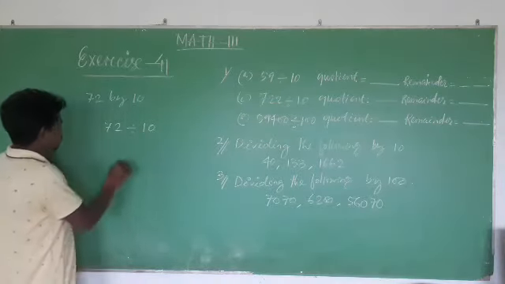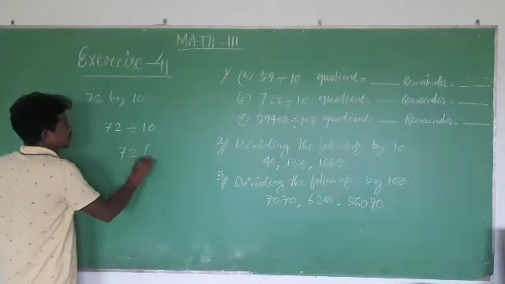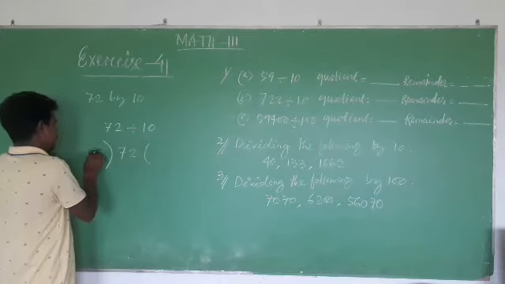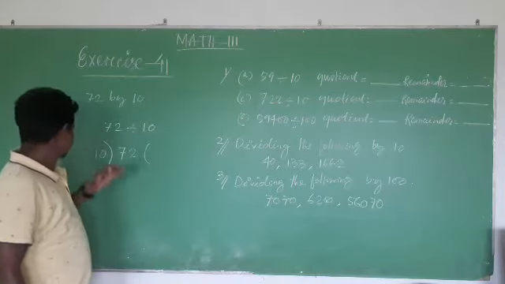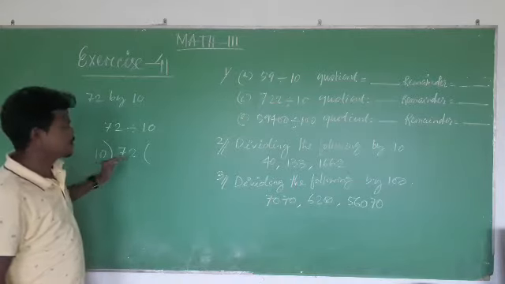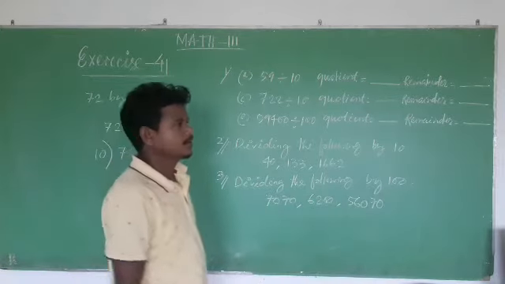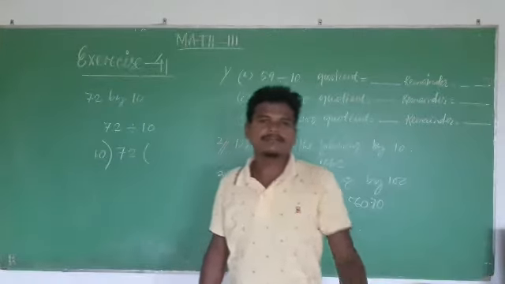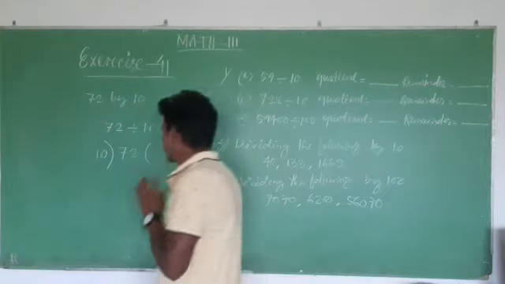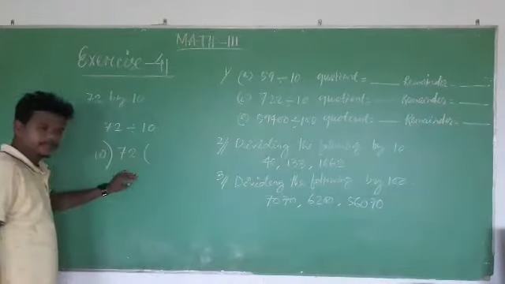In the table of 10, we don't have 72, rather we have 70. So the nearest number to 72 is 70.